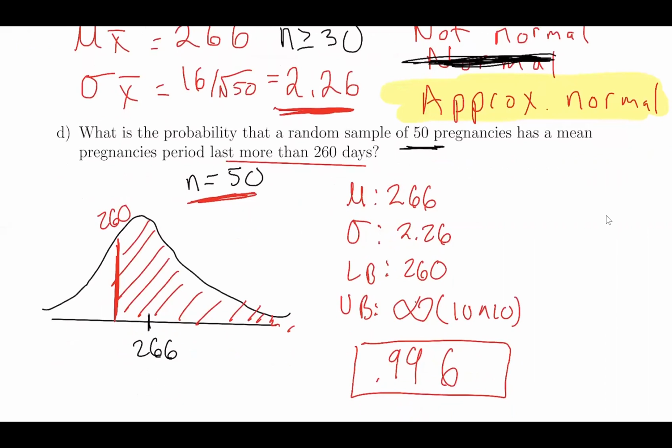You have to be careful with the sample size. If they tell you they're sampling more than one, you have to adjust the standard deviation, because the bigger the sample size is, the smaller your standard error should be getting. So just be careful with that.